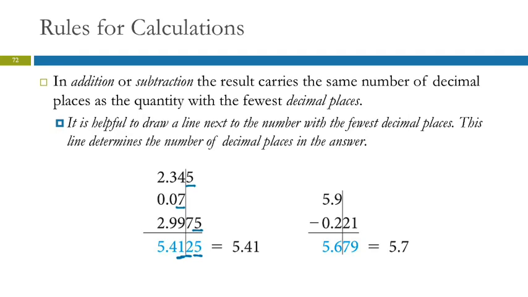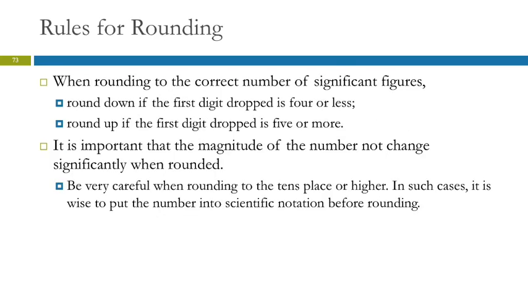Rules for rounding. So you figure out how many sig figs you need, and then we have to round. So we look at the next digit, the first one that's going to get dropped. If it's 4 or less, we round down. If it's 5 or larger, we round up.